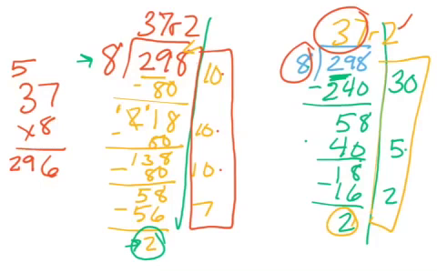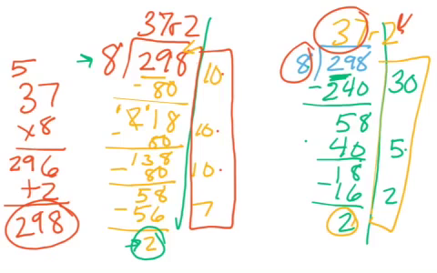Now, my remainder gets added on to my product at the very end. I have a remainder of 2, so I add that on. And there it is. That is what I started with as my dividend. So I know that my quotient of 37 remainder 2 is correct.